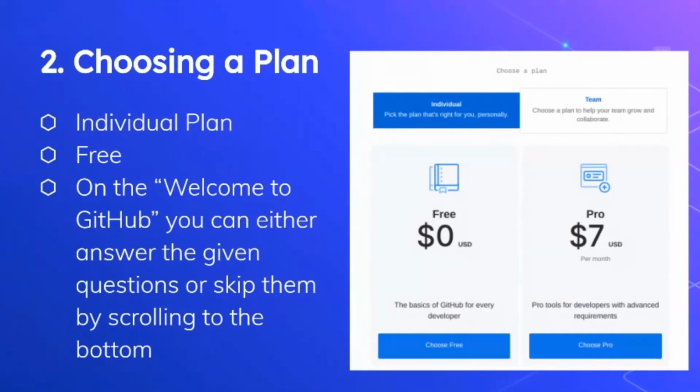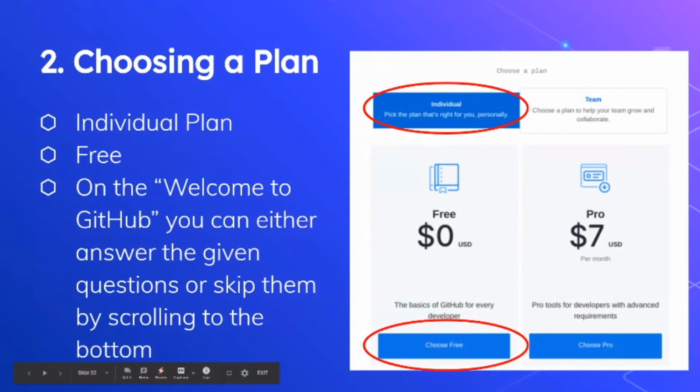So the second part is choosing a plan. Make sure that you choose an individual plan, because this is just going to be your personal account, and a free account, because $7 a month is a lot. We're poor. Especially if you're starting out, you won't be able to use all the features of Pro because you only know so much.